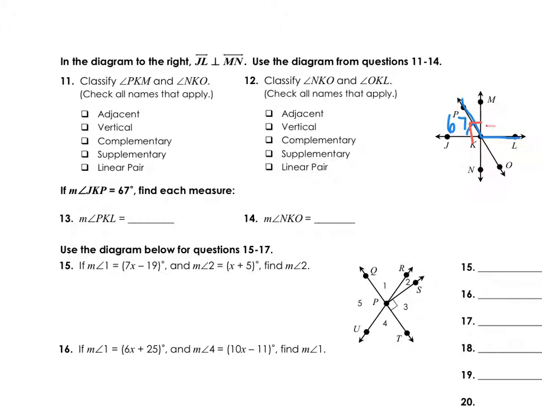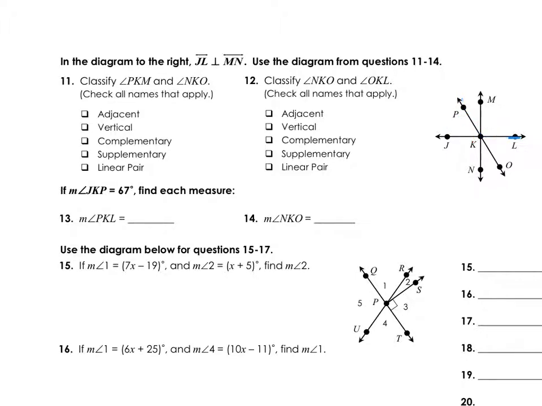And you know that this is 90. So figure out what you're going to do with 90 and the 67 to figure out this little guy. And then add it to the 90 that you already know about. That'll be number 13. If you're not sure, you need some help, come back and ask.